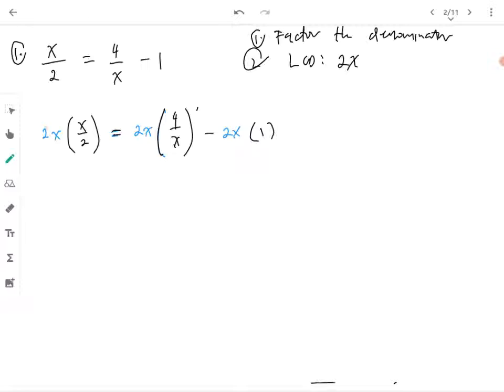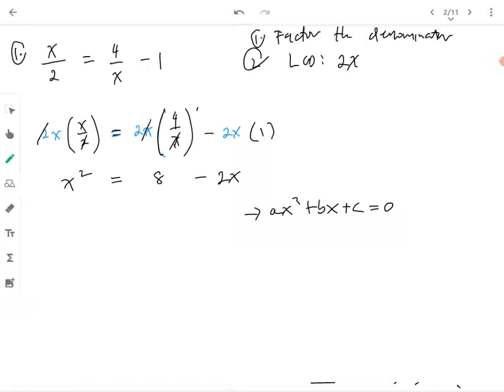By division, this cancels out, so we are left with x times x, which becomes x squared. This one also cancels out, and we are left with 8, 2 times 4, and here we are left with 2x times 1, which is 2x. Now we are going to write it in the form ax squared plus bx plus c equals 0.